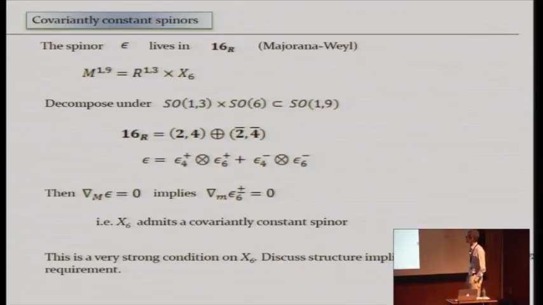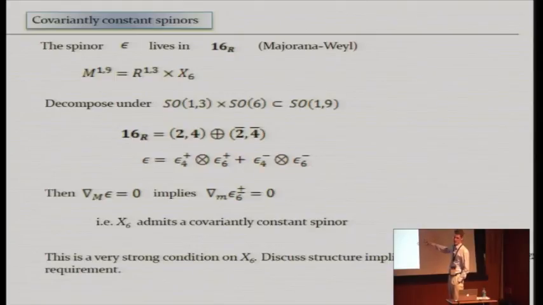Okay? Now, the supersymmetry transformation we'll be looking at will just be constant in the Minkowski space directions. The interesting part comes from this. So the epsilon 6 plus and epsilon 6 minus are going to have some non-trivial profile over the internal space. The covariant derivative of epsilon is only really interesting if you look at the covariant derivative along the internal directions.